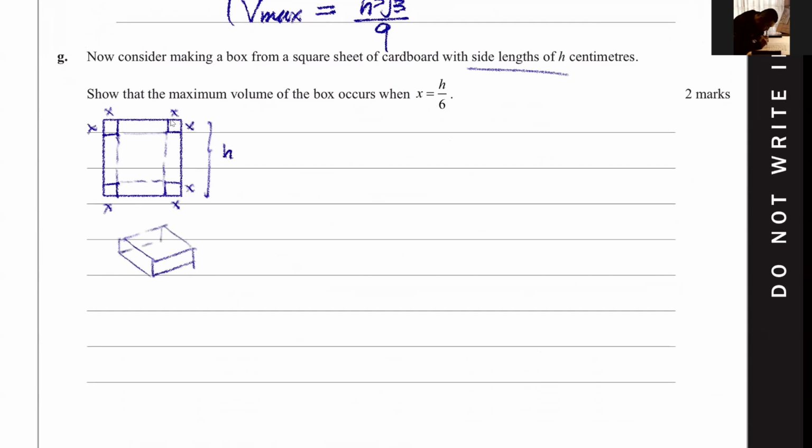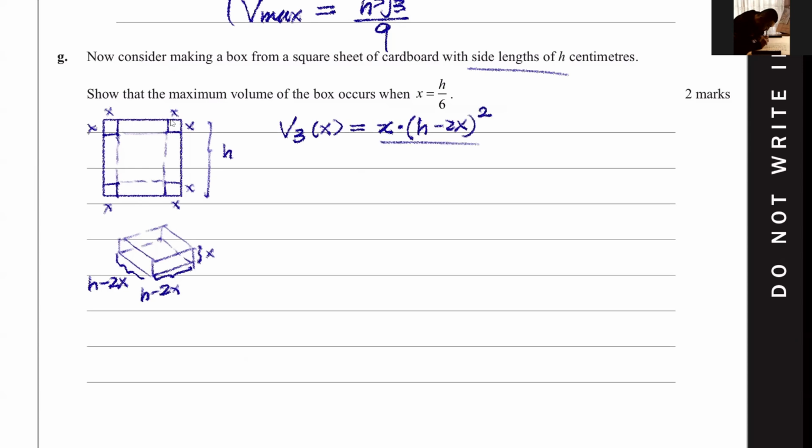And you are forming a smaller base, which is h minus 2x by h minus 2x. And this is x. So V3, this is the third box we are talking about throughout the question, is x times h minus 2x squared.